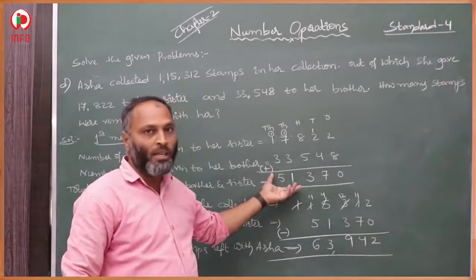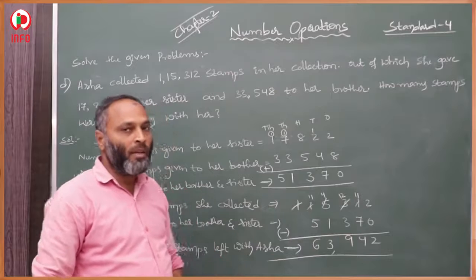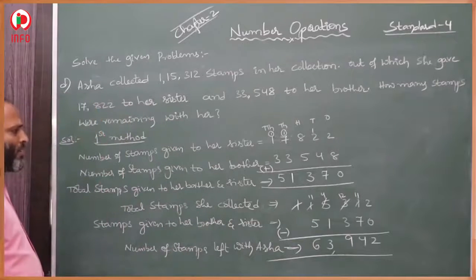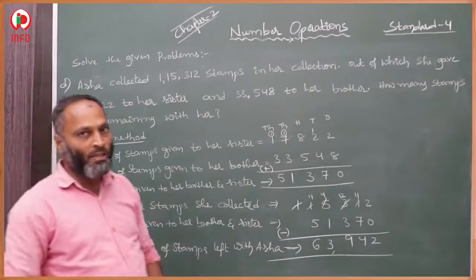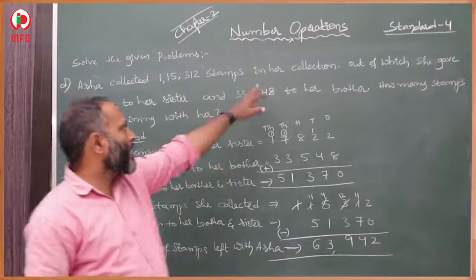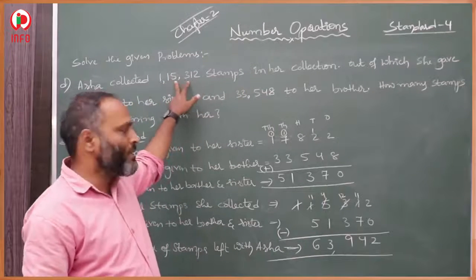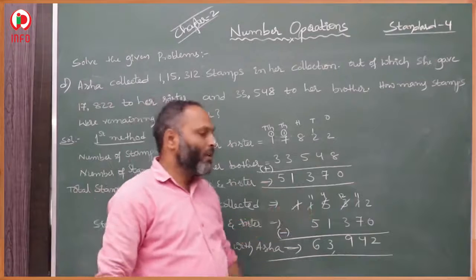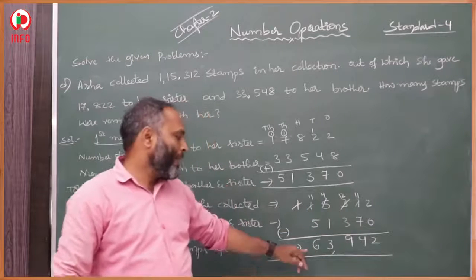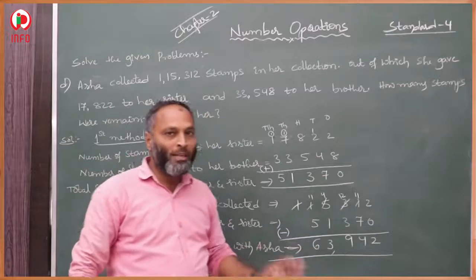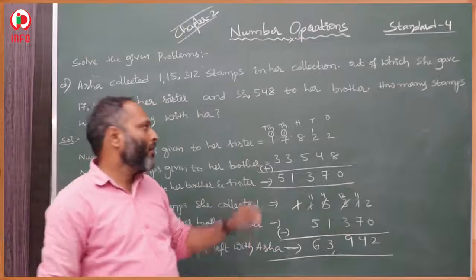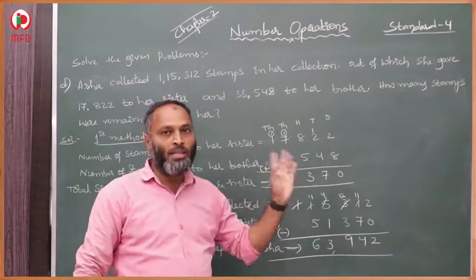Then after giving these many stamps, how many stamps left? In the total stamps, 1,15,312, this many stamps we have to subtract. Then whatever is left, that many stamps left after giving to her brother and sister.